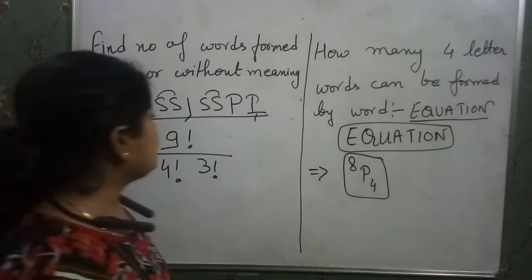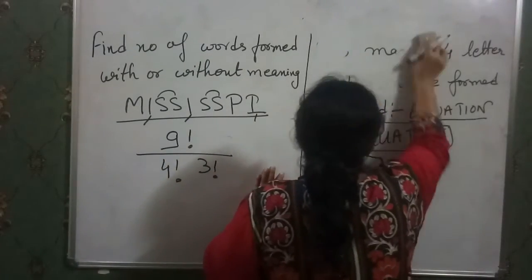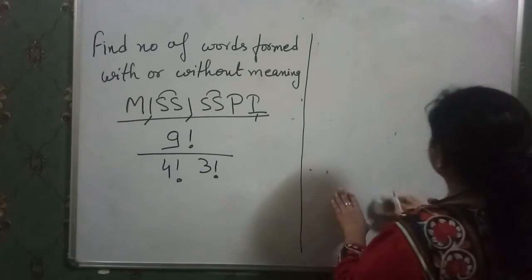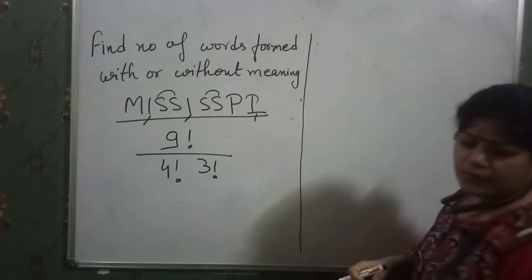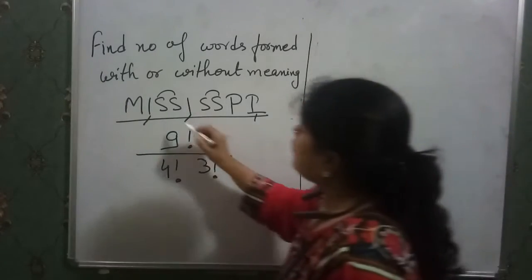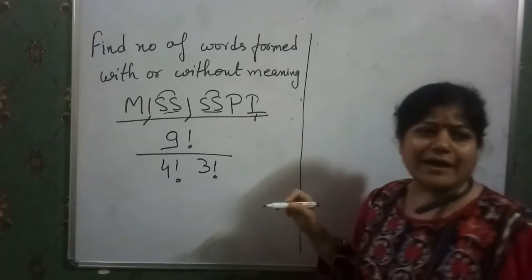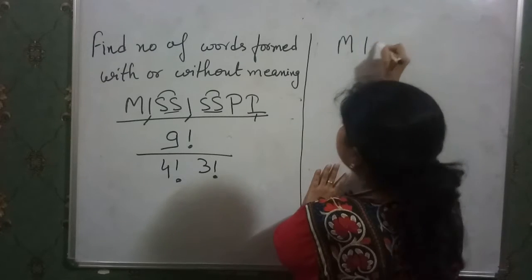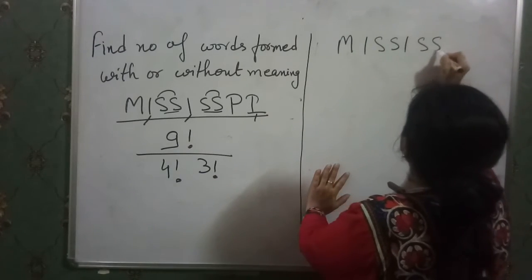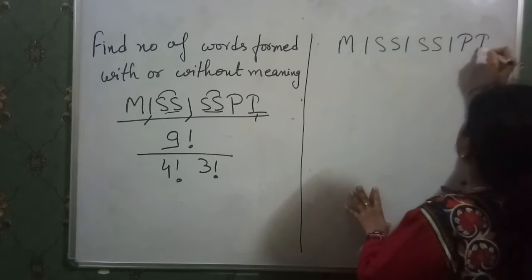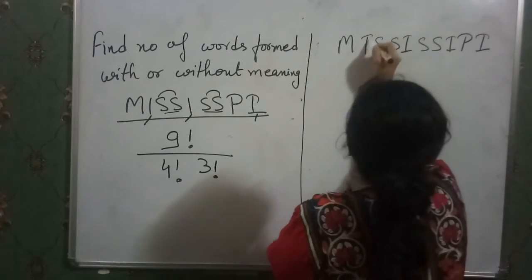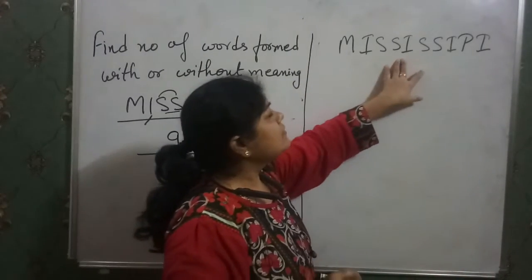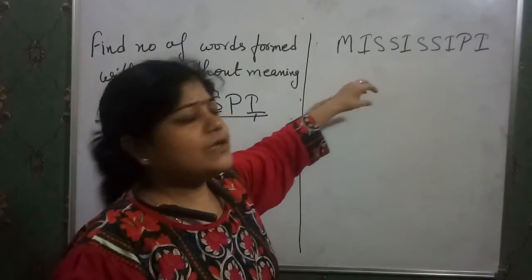There is one more question from here: find the total number of words which can be framed using these letters, where we take all the S letters together at one time, in the word Mississippi. So here we have to frame the question such that the S letters stay at one place.